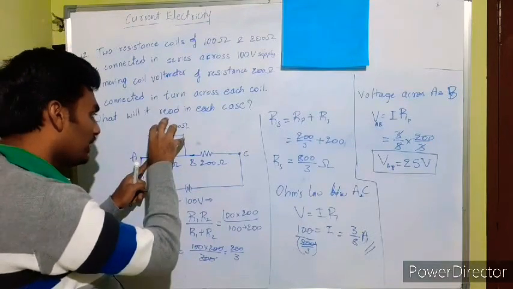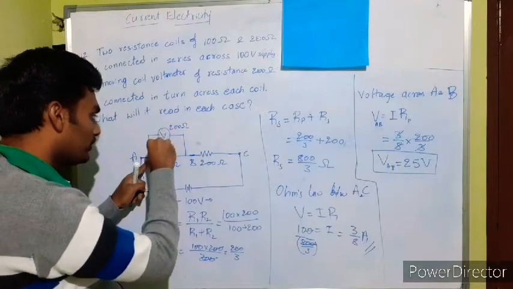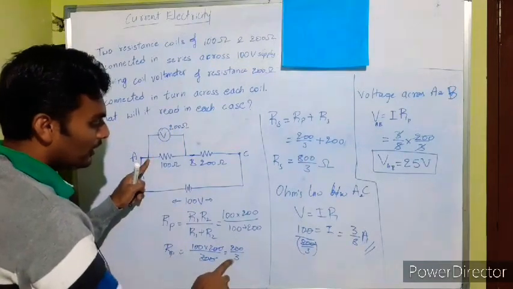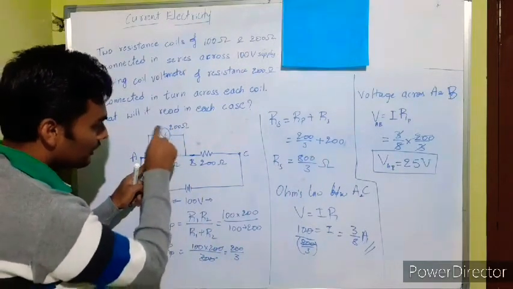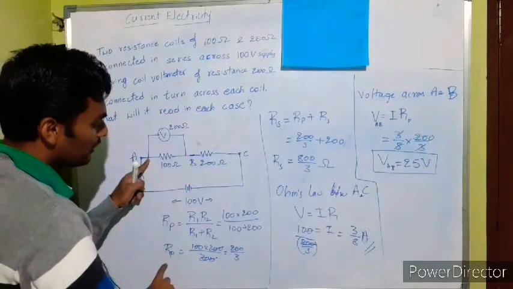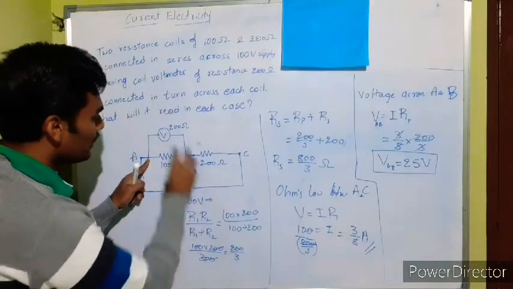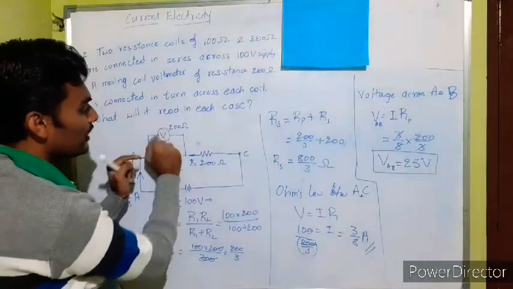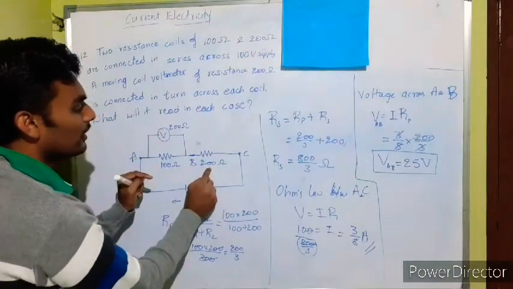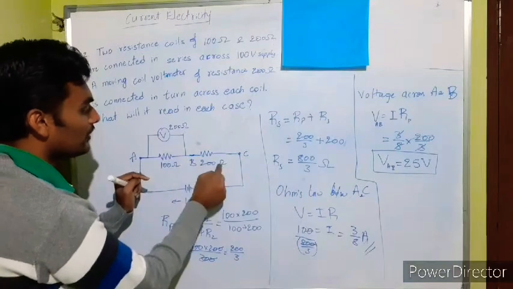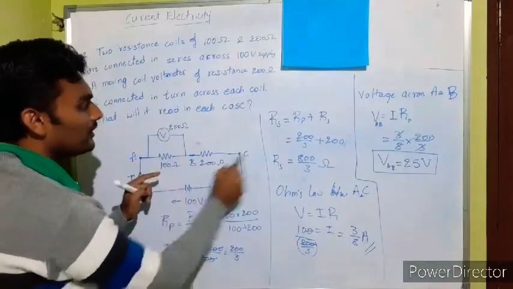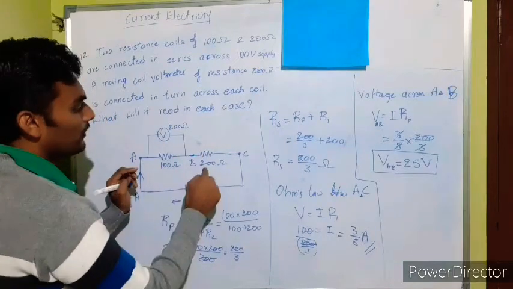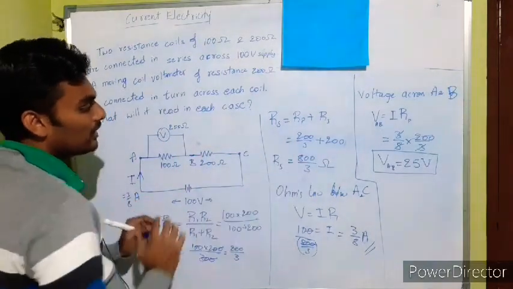I will consider them as a parallel combination of two resistors, and I obtained the effective resistance Rp of the combination as 200 by 3. Then I add this combination with the other resistance in series. So Rp plus R3 gives the resistance of the entire network, which is 800 by 3 ohm.